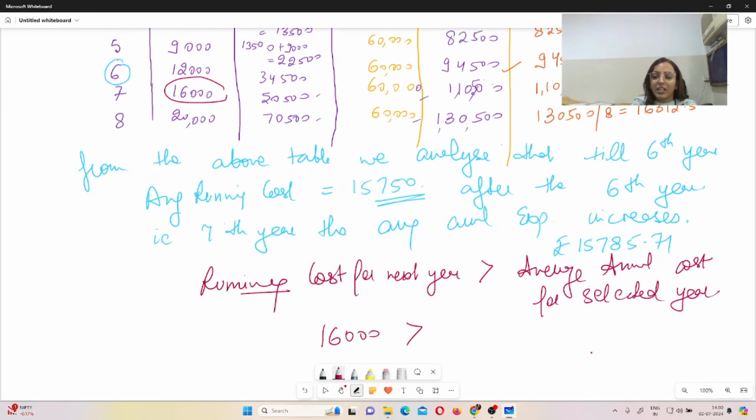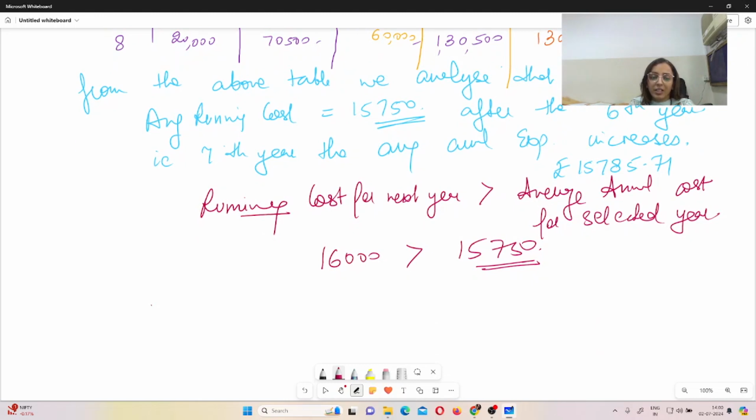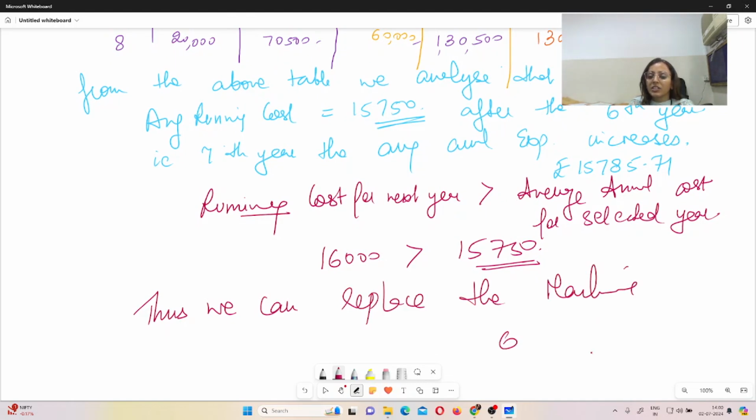The average annual cost for the sixth year is 15,750. That means till then it is less, but in the next year the running expenses increase. So we should replace the machine in the sixth year. Till the sixth year your running expenses are under control, but after that you have to replace it.